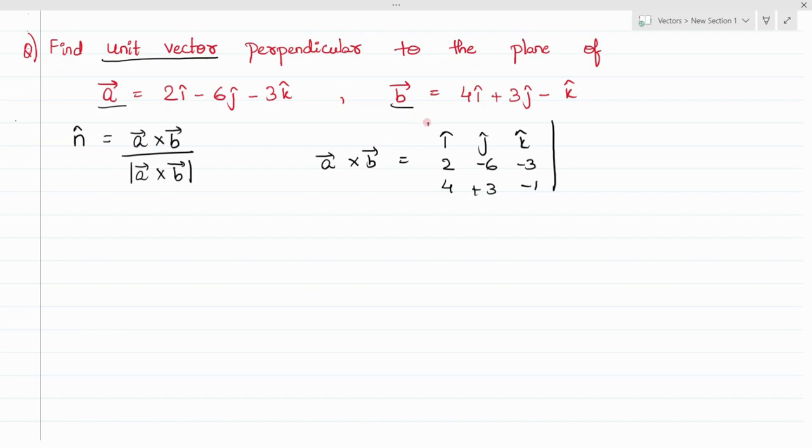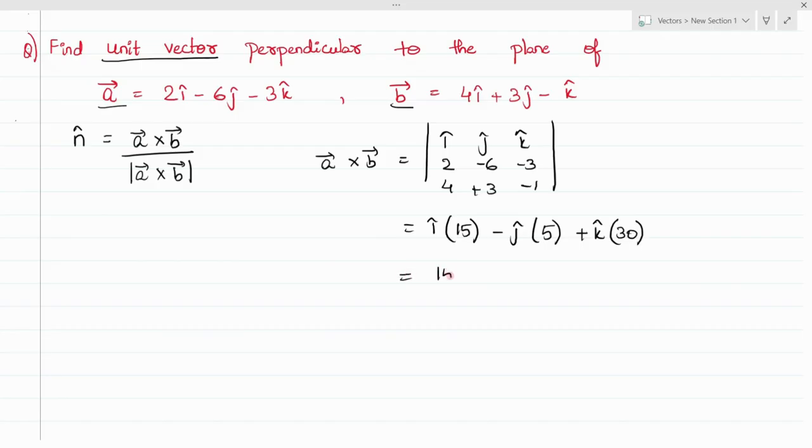Now take its determinant. You will get I cap times 6 plus 9, that is 15, minus J cap times minus 2 plus 12, that is 5, plus K cap times 6 plus 24, that is 30.